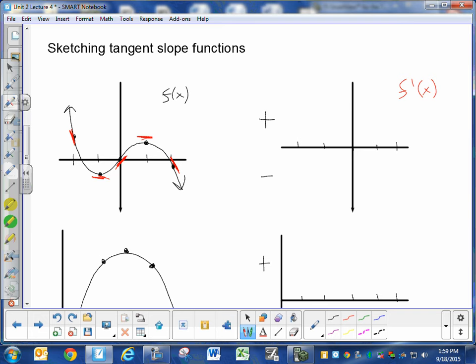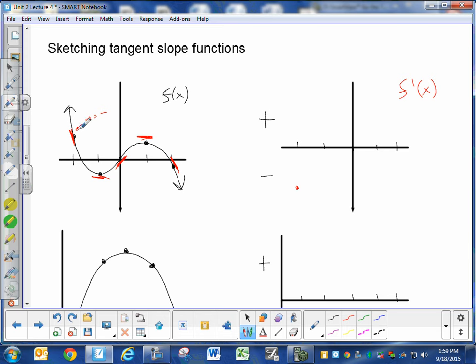Well, let's plot these values. Now, I don't know the specific values. I'm just going to guess what they are, but I can at least see the signs of it, right? What is the slope of this tangent line? Negative, right? So at -2, over here on the graph of f prime values, I'm going to plot a negative y value.